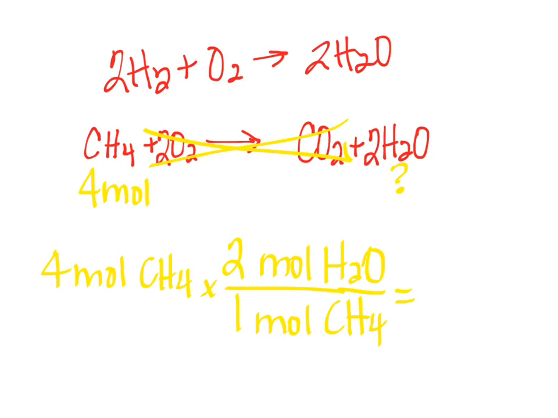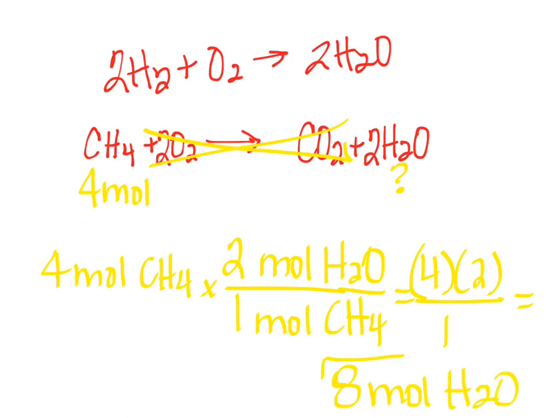My question says to get moles of H2O, so we are good, ready to solve. 4 times 2 over 1 gets me 8. What? Moles of water vapor. Moles of H2O.